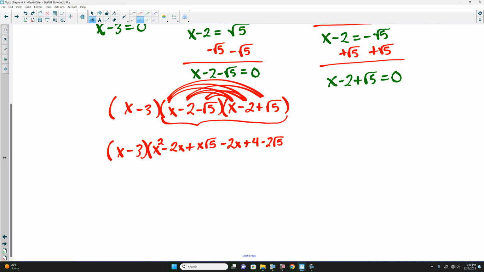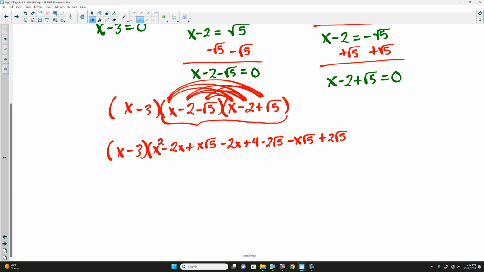And lastly, our negative square root of 5. Negative square root of 5 times x is negative x square root of 5. Negative square root of 5 times negative 2 is plus 2 square root of 5.